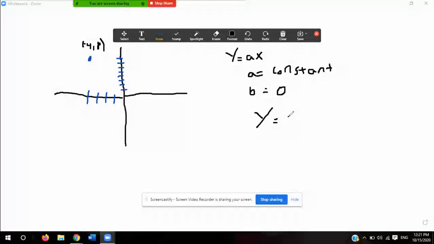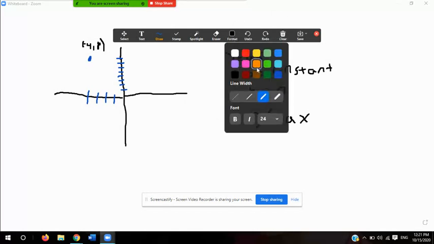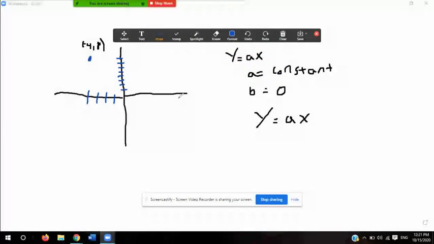Now I know for a fact that in a y equals ax equation, or a direct variation, there is no y-intercept, which means this graph has to go through the origin, if in fact this is a direct variation, because maybe it might not be. So let me go ahead and find the value of a.